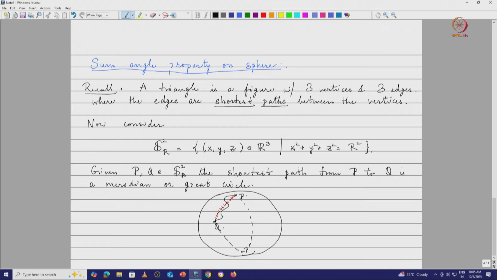It's also of great practical use because, for instance, if you want to fly from Mumbai to New York, the airplane essentially follows the path obtained by connecting these two by a meridian or a great circle. Of course, in actual life there are also headwinds, and the wind might change directions and so on. But approximately the plane follows this sort of great circle path.